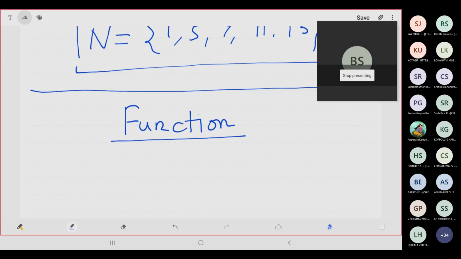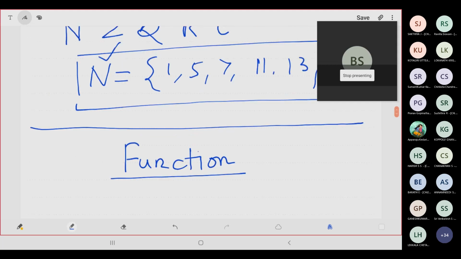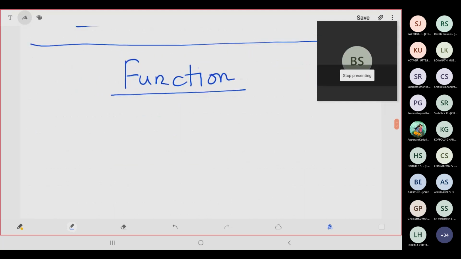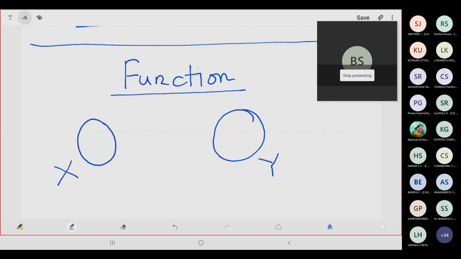So function, you can easily understand that you have two sets. This is set capital X and this is set capital Y. Now we are going to introduce the definition of function. Some elements are inside the set X, like that, you can see, and some elements inside the capital Y also.